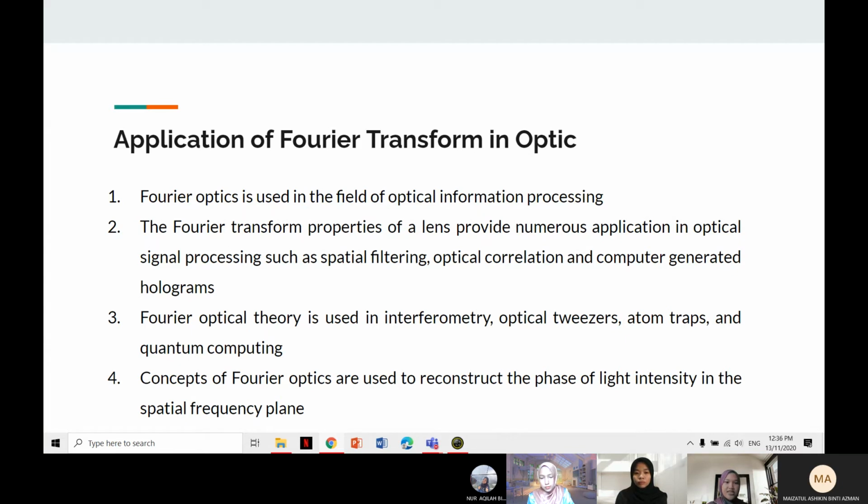Fourier optical theory is used in interferometry, optical tweezers, atom traps, and quantum computing. Optics are used to reconstruct the phase of light intensity in the spatial frequency plane.